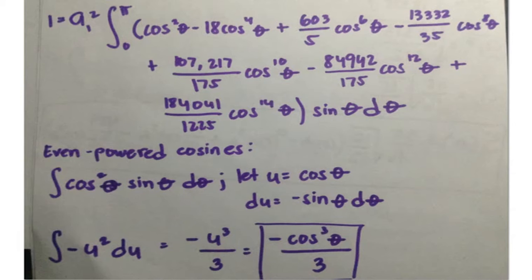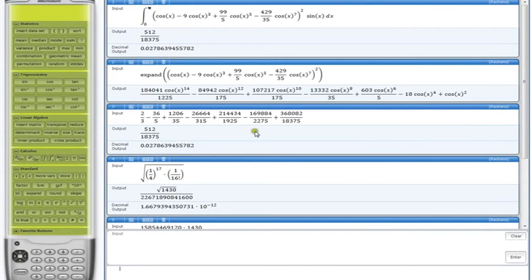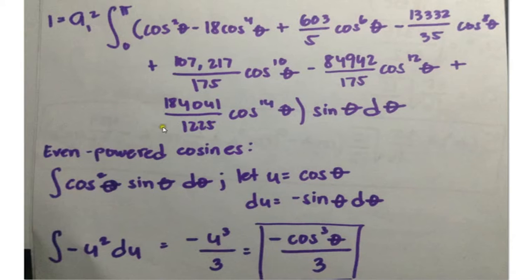So you can check it by also again using a calculator. The software I'm using has the expand function. So expanding it, you will get this value, and this value, which is the same value that I got here.